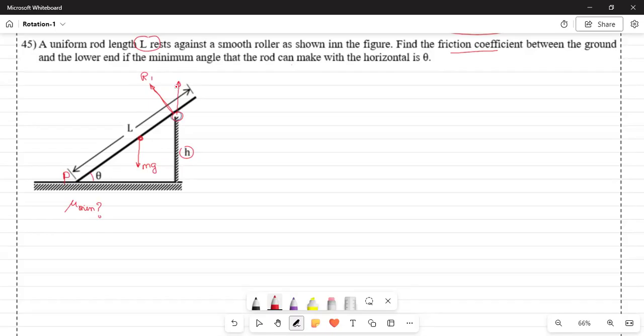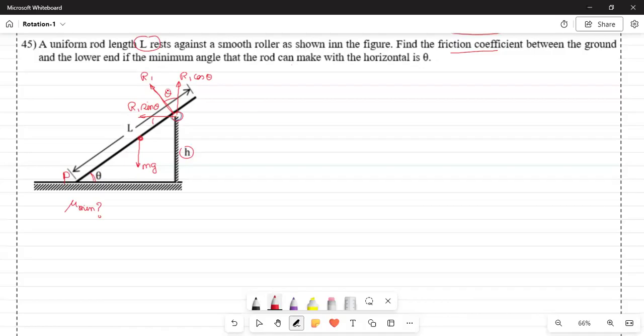One component is a vertical component, which is R1 cos theta, and there is a horizontal component, which is R1 sin theta. If this angle is theta, then this angle is theta, this is 90 minus theta, and this is theta. Is it clear?